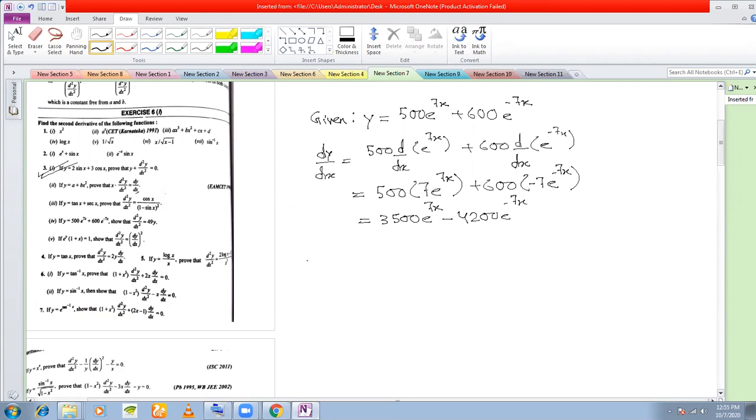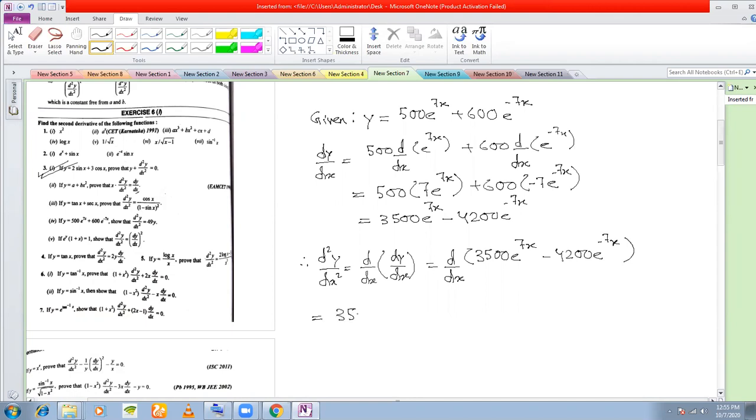Now we proceed to find d2y dx2. d2y dx2 is ddx of dy dx, which is ddx of 3500 e to the power of 7x minus 4200 e to the power of minus 7x.